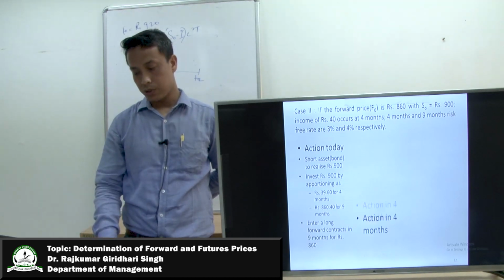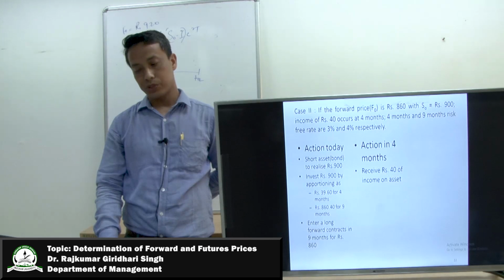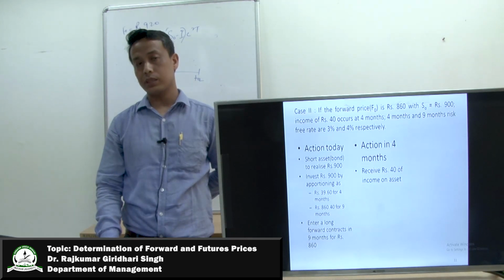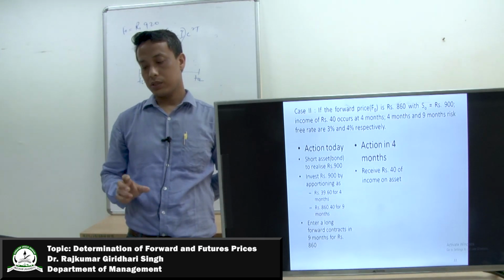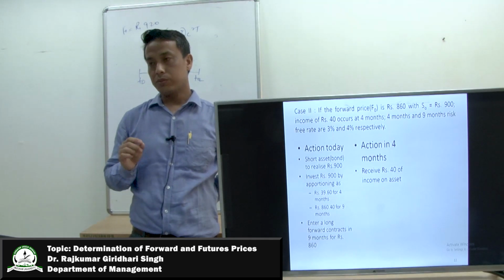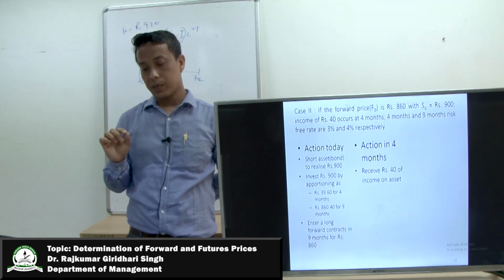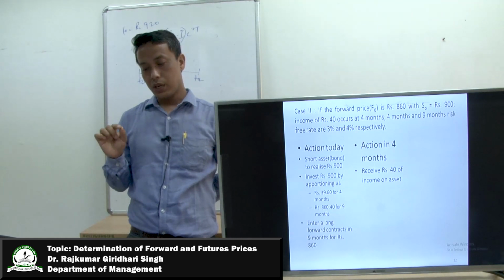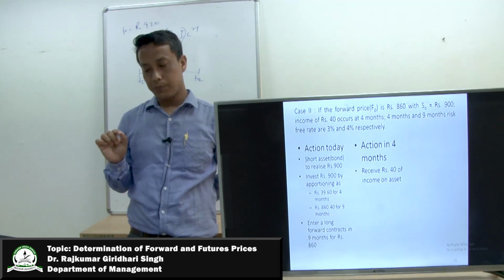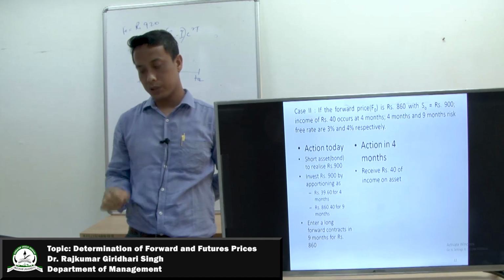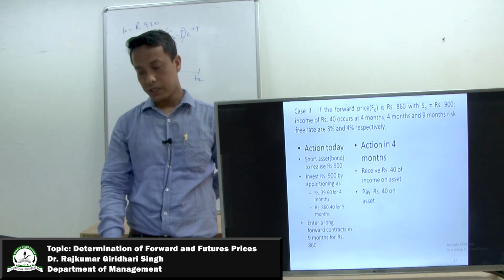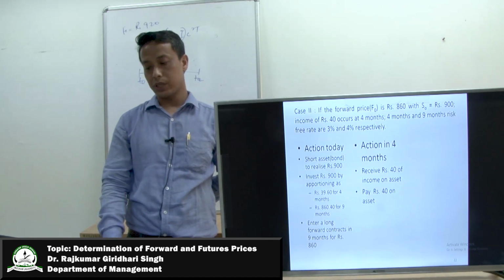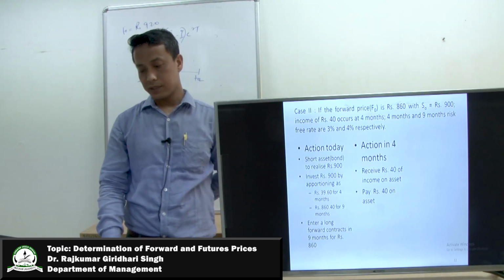In this case it is the bond. Right, so in 4 months time we'll receive rupees 40. This rupees 40 arrives from the investment that we made from 39.6 for 4 months at the rate of 4% per annum continuously compounded. We get rupees 40, right? So this rupees 40 we pay to the lender.